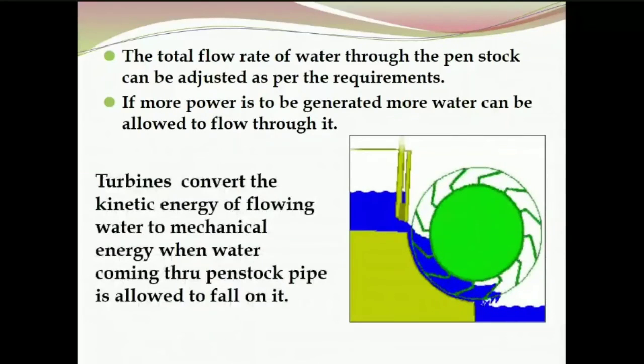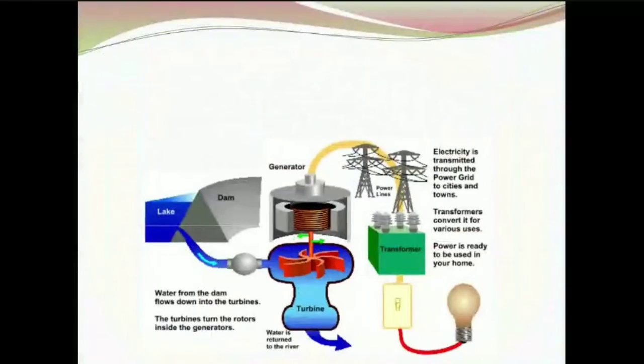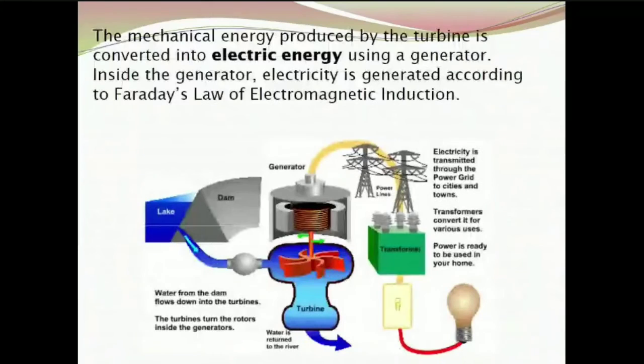The turbines convert the kinetic energy of flowing water to mechanical energy when water coming through the penstock pipe is allowed to fall on it. Mechanical energy produced by the turbine is converted to electrical energy using a generator. Inside the generator, electricity is generated according to Faraday's law of electromagnetic induction.